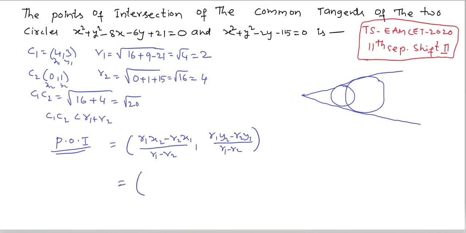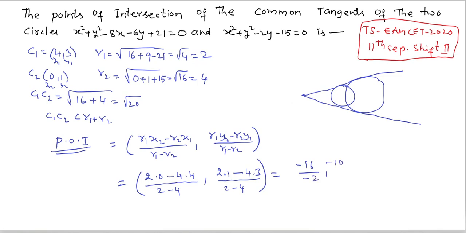Substituting, R1 is 2 into x2 which is 0, minus R2 which is 4 into x1 which is 4, comma R1 2 into y2 which is 1, minus R2 4 into y1 which is 3, by R1 minus R2, that is 2 minus 4. That is 0 minus 16, that is minus 16 by minus 2, comma 2 minus 12, that is minus 10 by minus 2, that is equal to (8, 5). This is the point of intersection of the common tangents to the given circles.